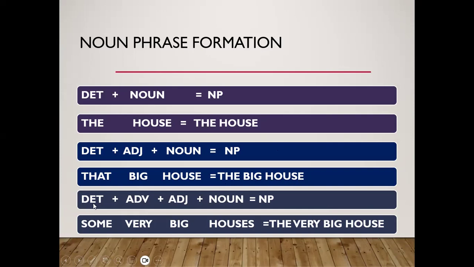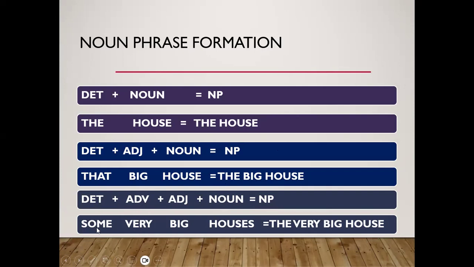We can also identify a noun phrase by adding a determiner plus an adverb plus an adjective plus a noun. All four together would give you a noun phrase too. So you could have some. The determiner can be some. Usually words that are used in front of nouns, you can generally refer to as determiners.